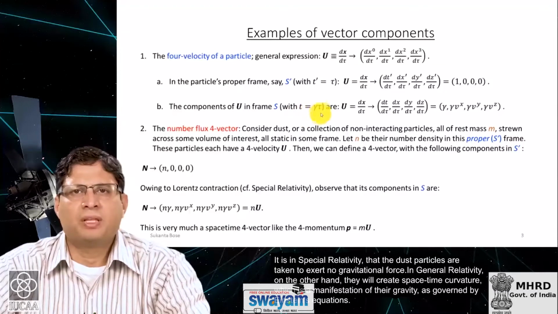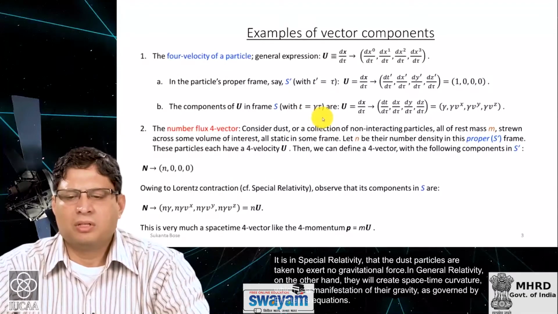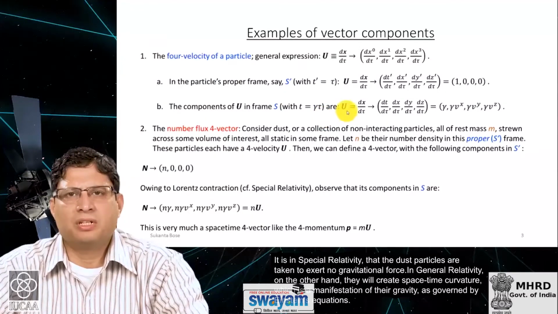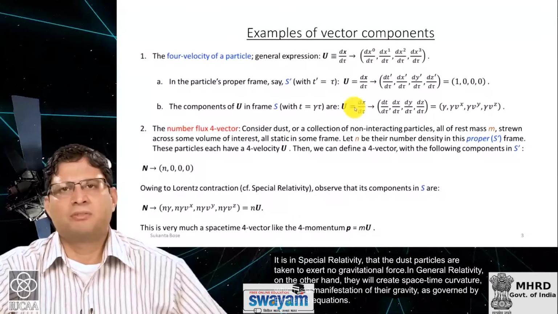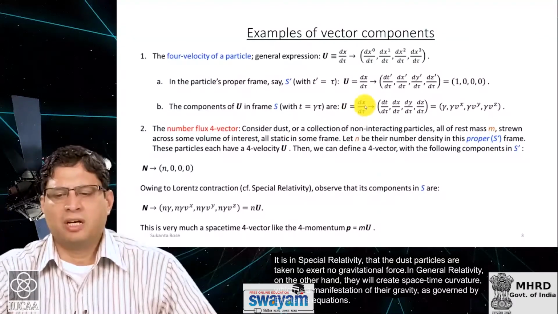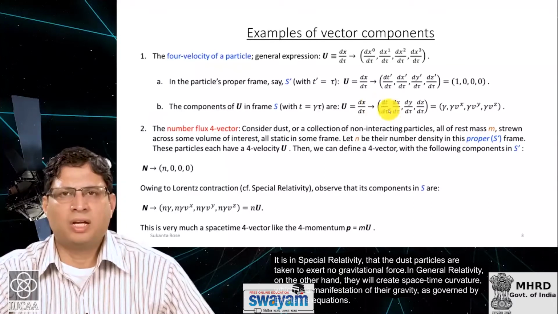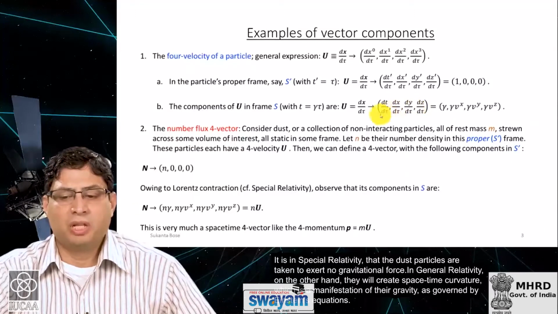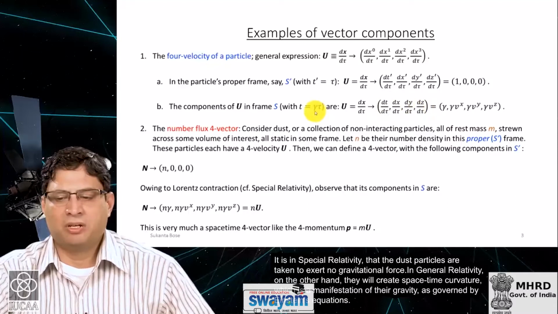In such a situation, the components of the 4 velocity vector are just again dx by d tau, but then x, the 4 position vector in S, has components t, x, y, z, and therefore, the proper time derivatives of these quantities will now all have the Lorentz factor gamma, and that is because dt by d tau is gamma.